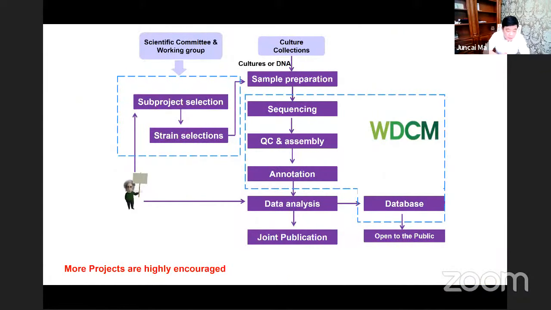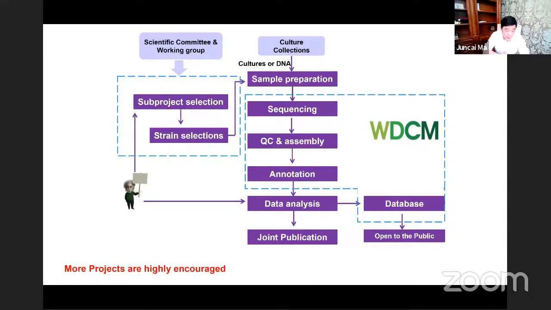And in the future, we welcome any scientists to provide your new proposal for joint research. We have a scientific committee and working group, so we will discuss your proposal. Once your proposal is accepted, it will be sent to the culture collections of our cooperation partners.